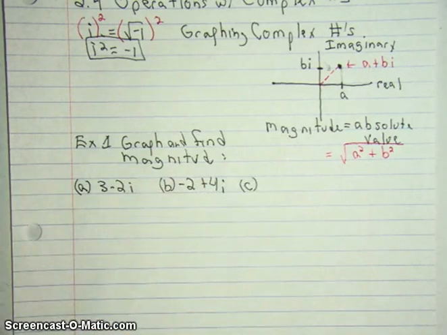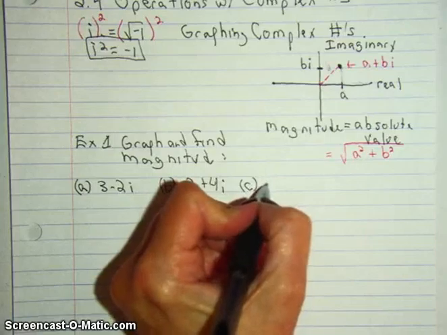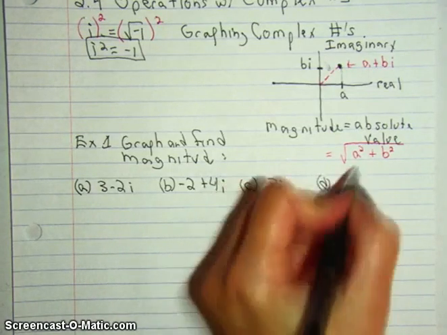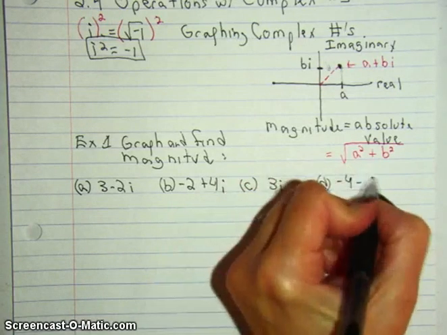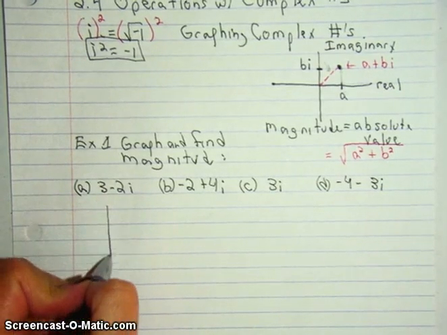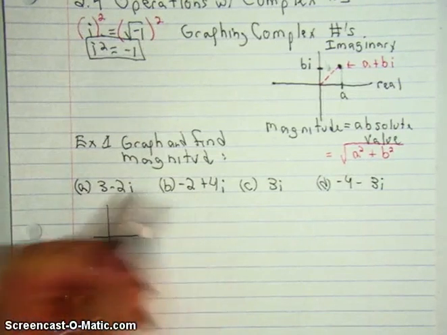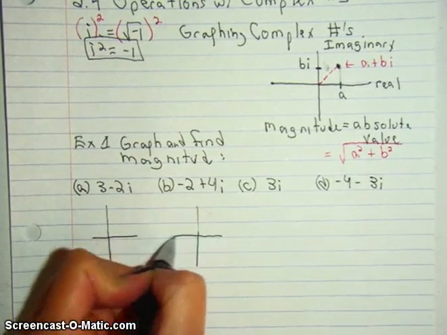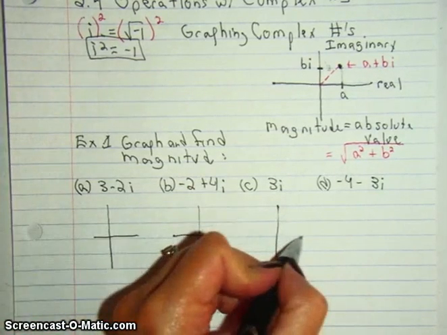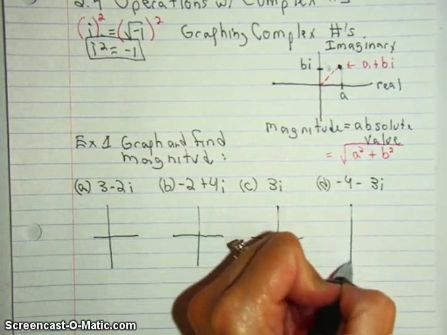Letter C is just 3i. We're going to have Sierra's group do that one. And then letter D is negative 4 minus 3i. We're going to have table group, you guys do letter D. So you have to graph on a coordinate plane, and then you have to find the length or magnitude of that complex number on the coordinate plane.